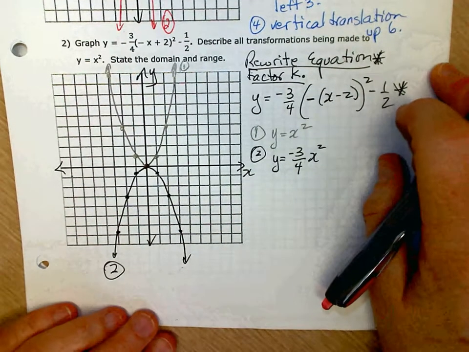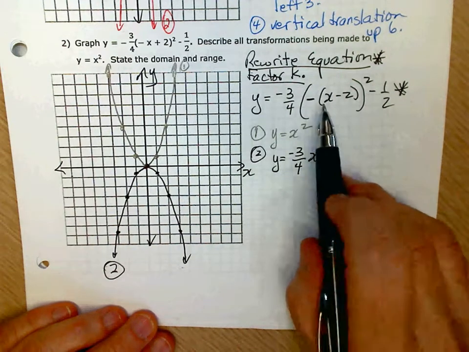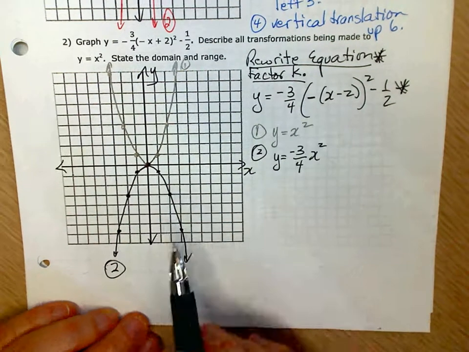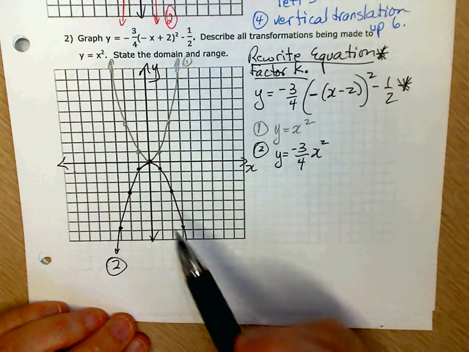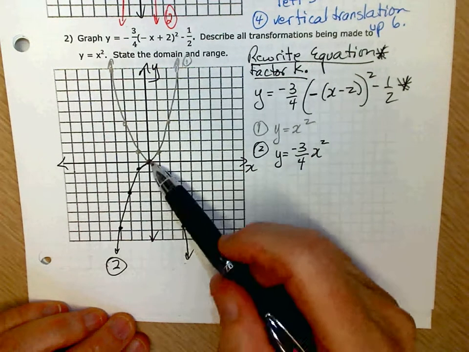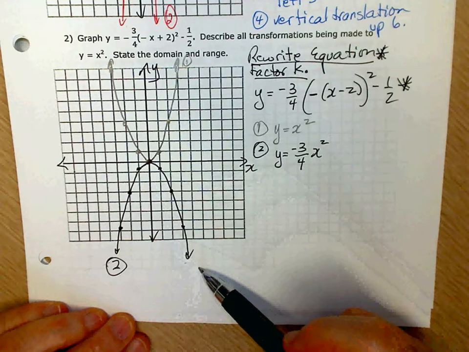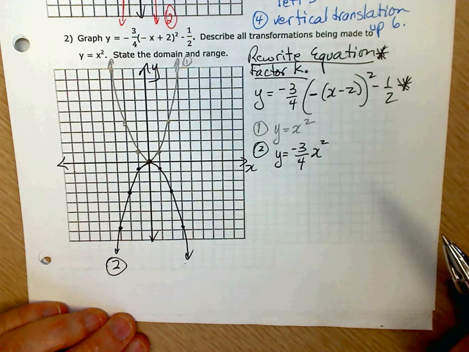Now we have a reflection in the y-axis. So this branch will go there, and this branch will go there. It's exactly the same thing, right? So I'm going to write 3 here.